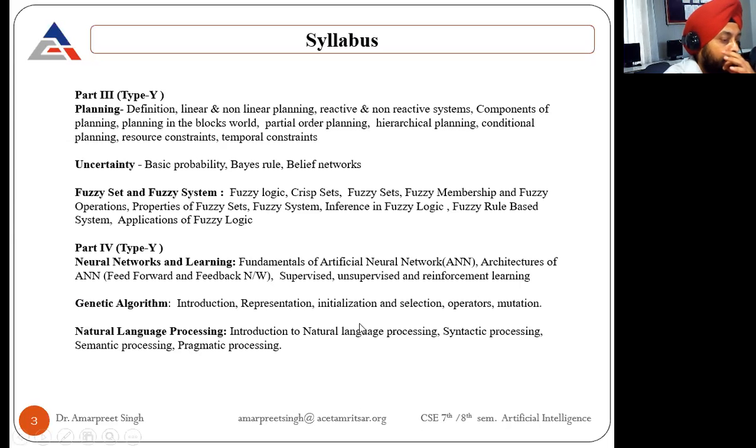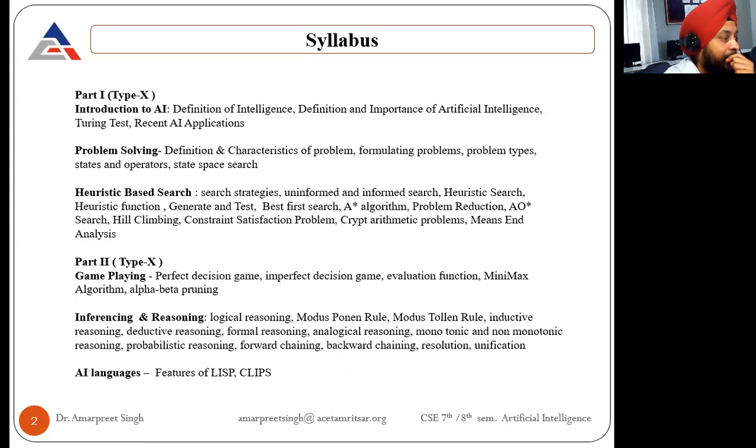If I show you the syllabus part 1 again, you can just read here. I will stop here in this slide for 2 minutes so that you can read. You must go through this slide properly. Go through the chapters of the 4 parts. Part 1: Introduction to AI, Problem Solving, Heuristic Based Search.